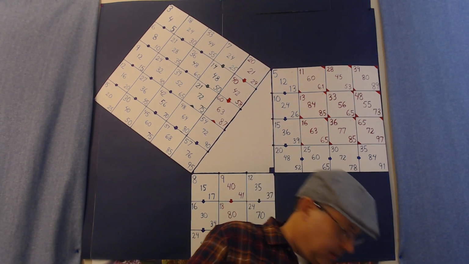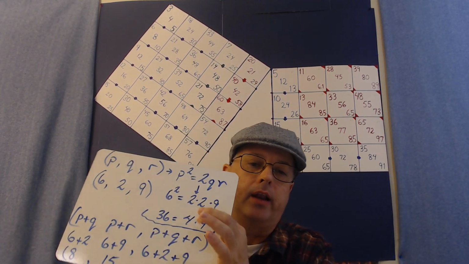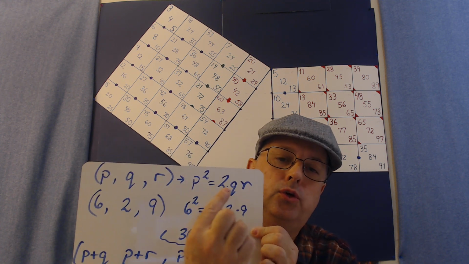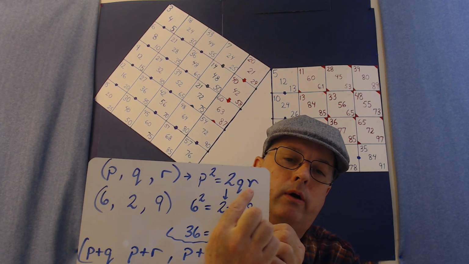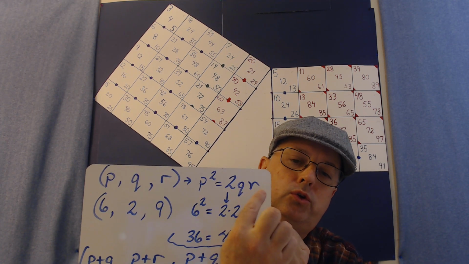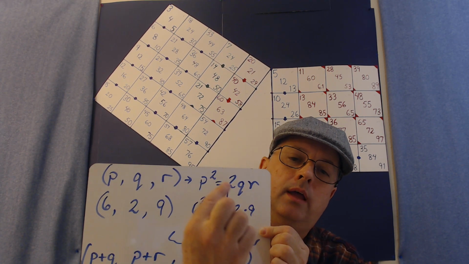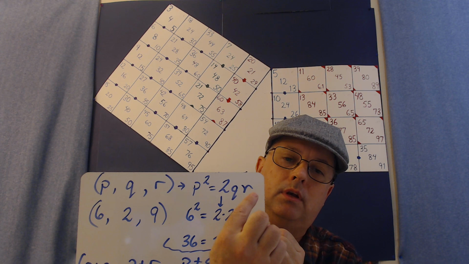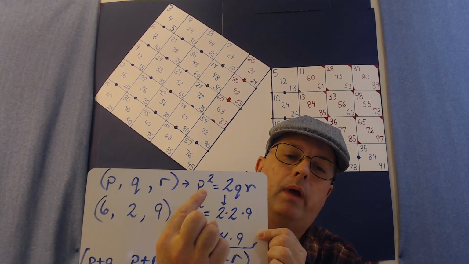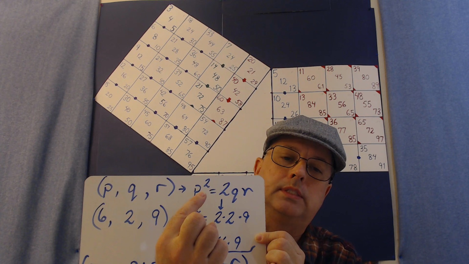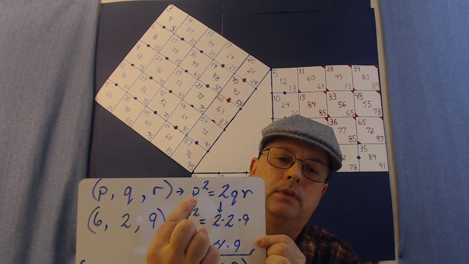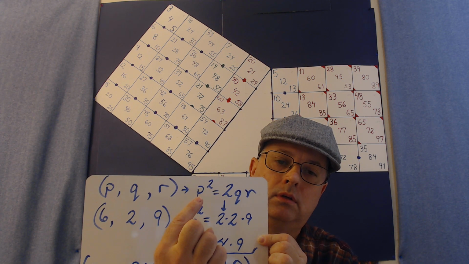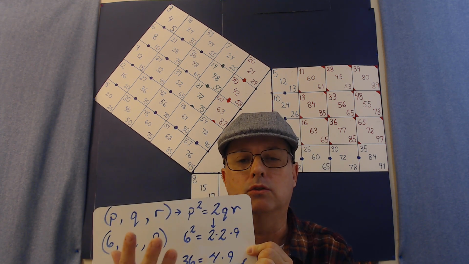Okay? Now I do want to make one point here about the p-value. You see this 2QR? Well, since this QR is multiplied by 2, then 2QR is even. Okay? And so if this is even, then P squared is even, because it's an even number equal to an even number. And the only way to get a squared number that's even is if the p-value itself is even. So if you want to make an even squared number, you have to have an even root.